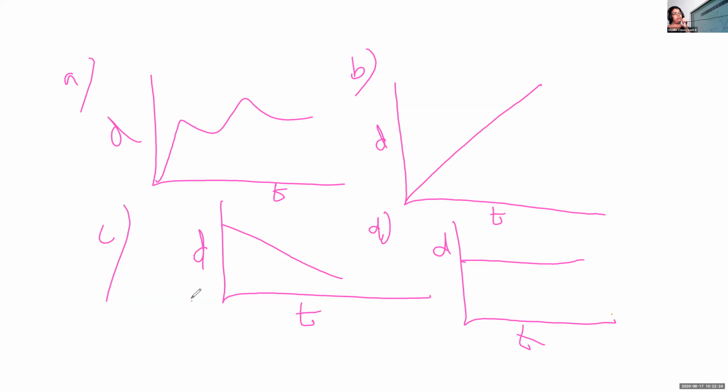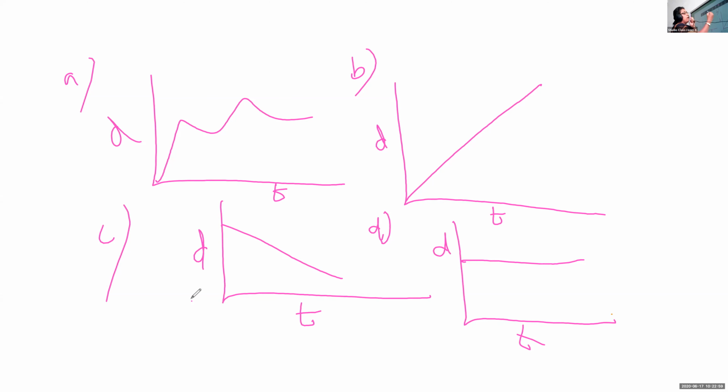It's B, correct. But one more graph also represents uniform motion. It's C. What do you mean by C? C is a straight line, not parallel to the time axis, not parallel to the y-axis, but the graph is coming down. So it's also uniform motion. Here, what is the difference?